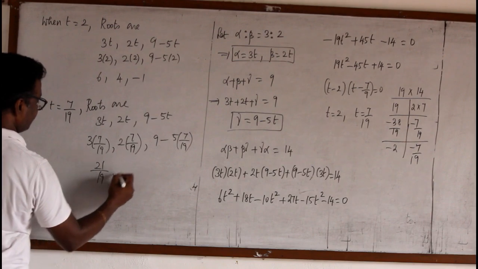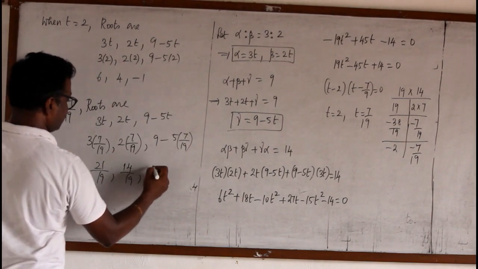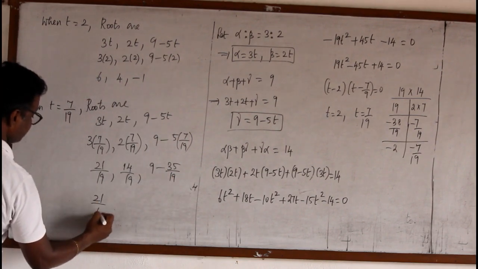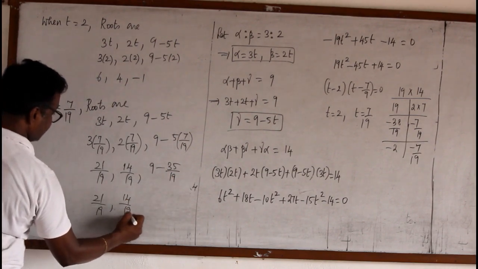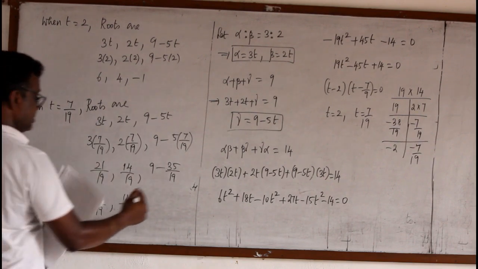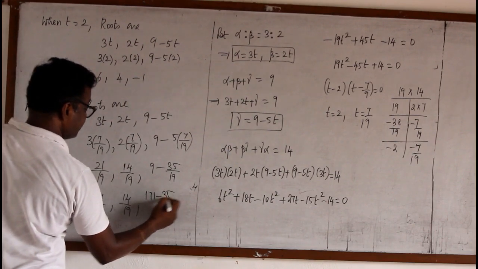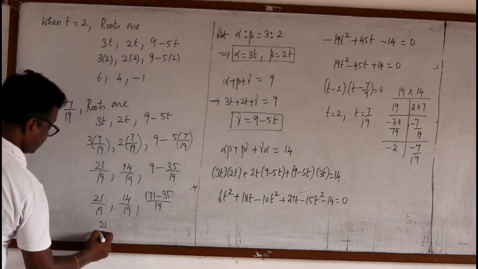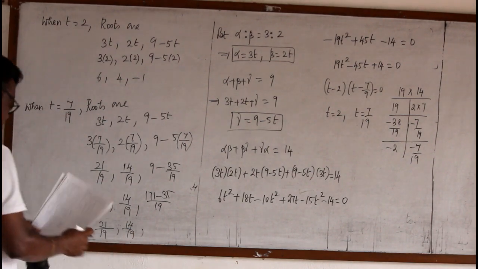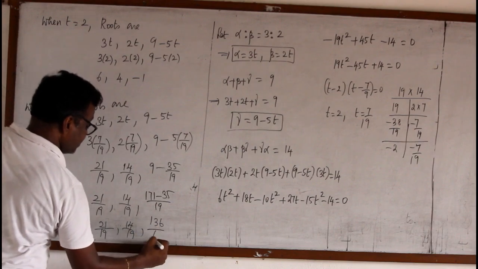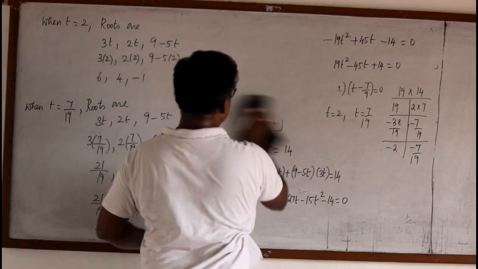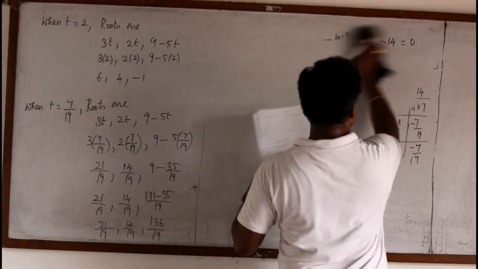It is 21 by 19, 14 by 19, and 9 minus 35 by 19. 19 9s are 171 minus 35 by 19, so it is 21 by 19, 14 by 19, 136 by 19. So these are the three roots. With that, problem number 6 is over.